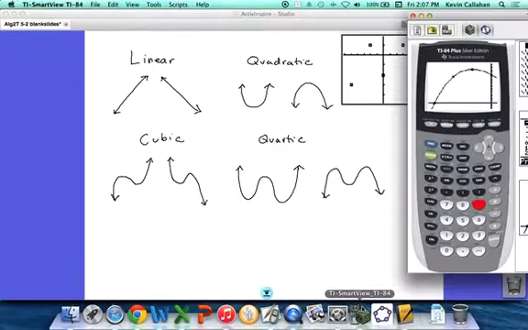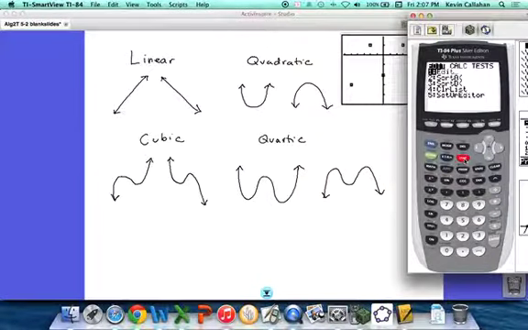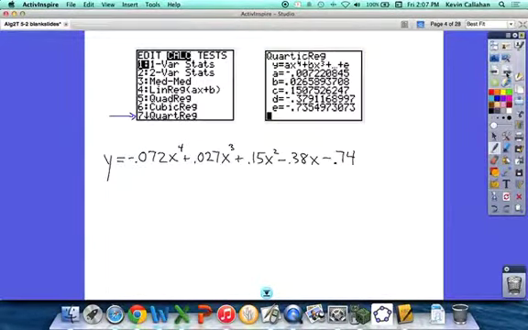Okay, so then we go to stat, arrow over to calc, and there's our menu of all those polynomial functions. At number 4 it starts with linear, quadratic, cubic, quartic. So you're going to go to stat, calc, 7 for quartic. And when you get there, your screen is going to have about 5 lines, the bottom one of which says calculate.